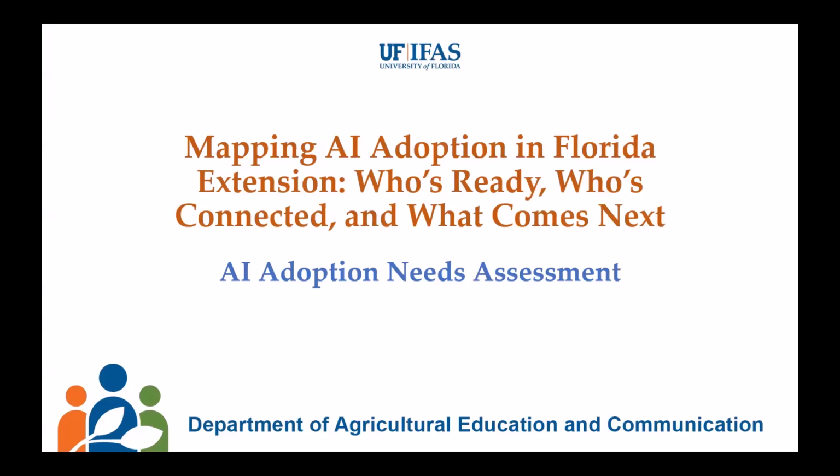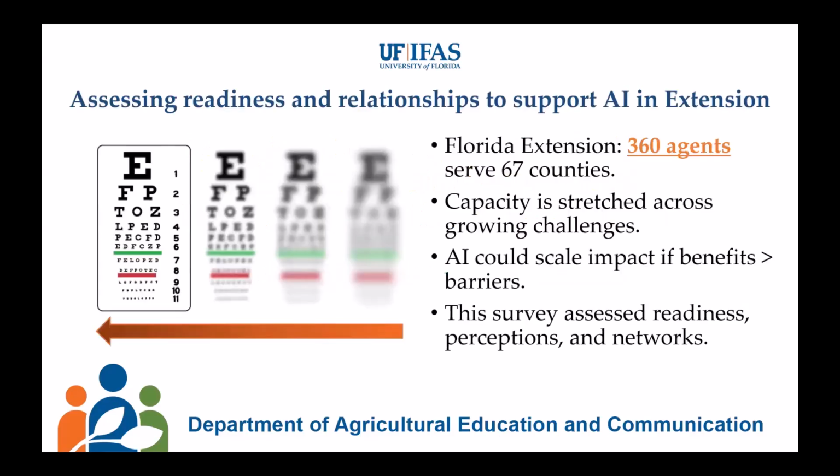My first study, in support of Dr. Matt Benge, and I actually did a study on AI adoption in our counties. We have 67 counties in Florida: who's ready, who's connected, and what comes next. That's our first study, and that was actually my AI adoption needs assessment.